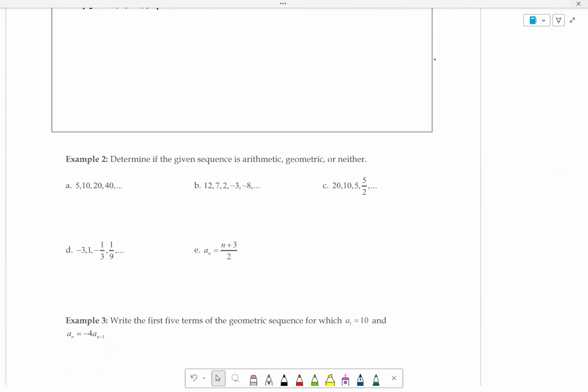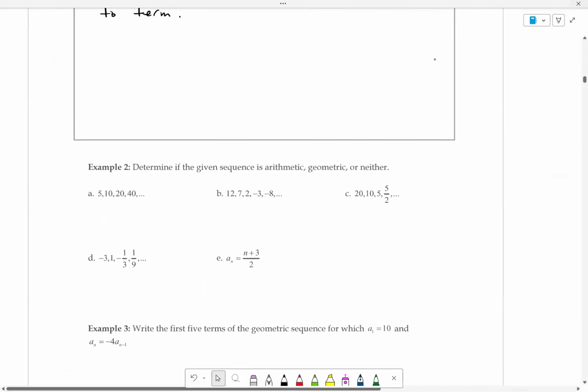By the way, if it's arithmetic, I want the common difference. If it's geometric, I want the common ratio, if you could figure that out. If it's neither, don't give me either one of them.